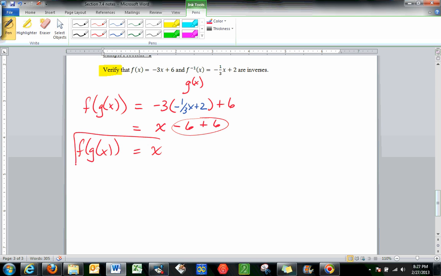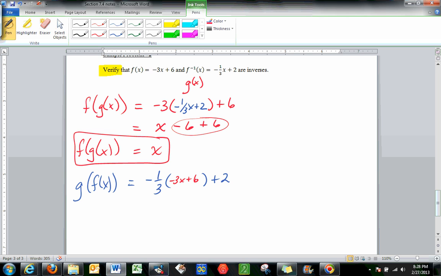And so you can see that this first composite function is equal to x, which is good. Now, it doesn't change the fact that we have to verify the other side. So now we're going to take the g of x function, and inside of that we're going to plug in the f of x function.